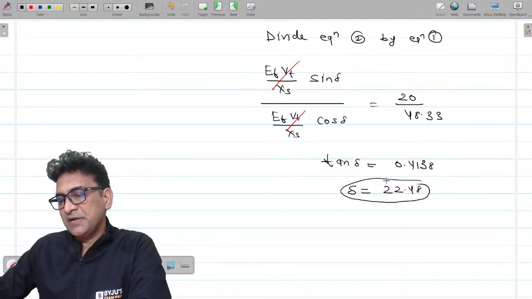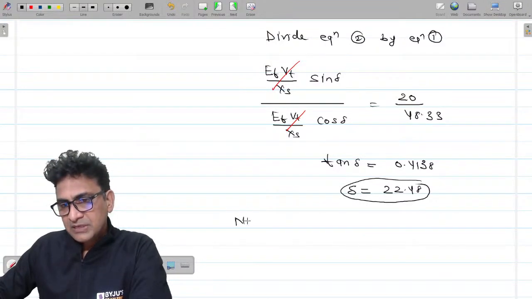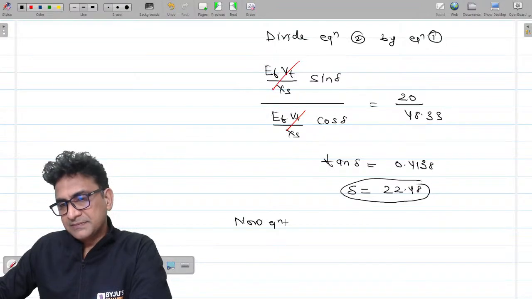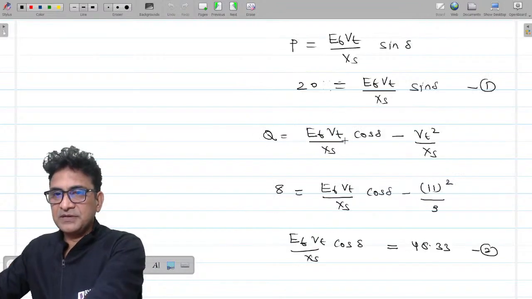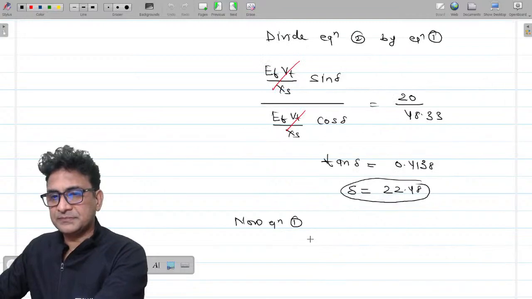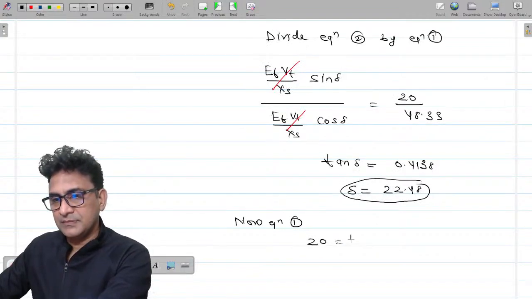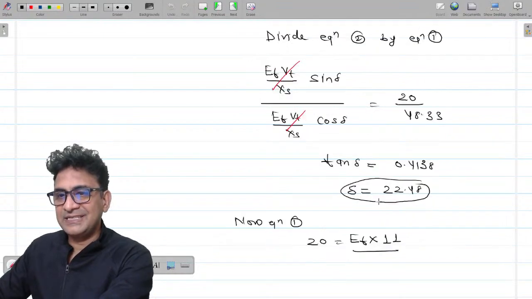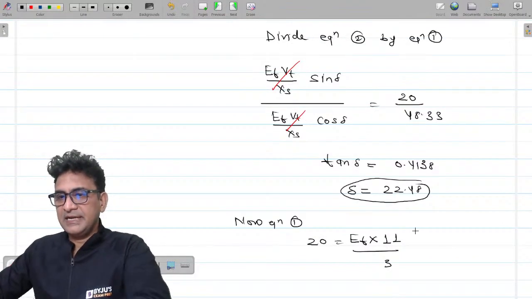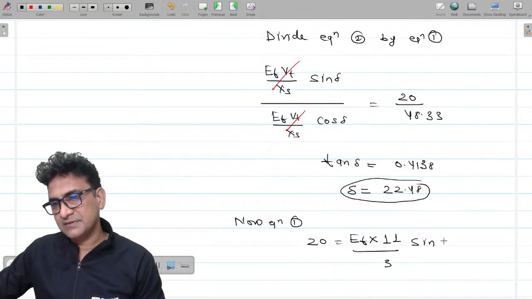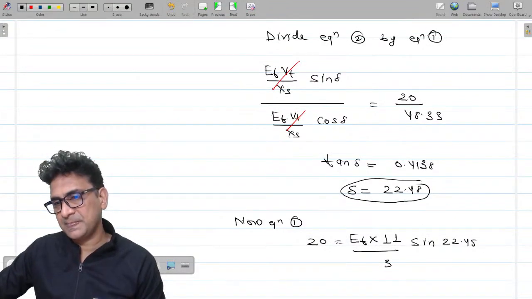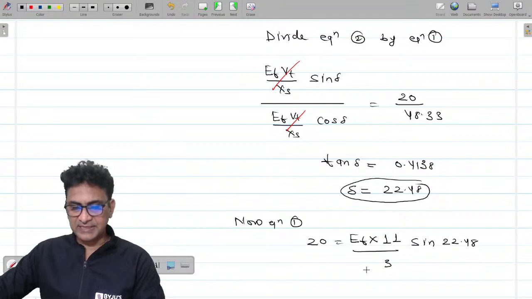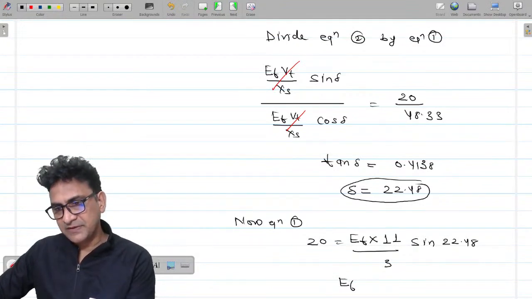But we have to find out the value of EF. Now if I put this in equation number 1, P is EF VT by XS into sin delta. VT is 11 kV, XS is 3, and delta we just found, 22.48. Clear? From this equation, I can find out the value of EF.